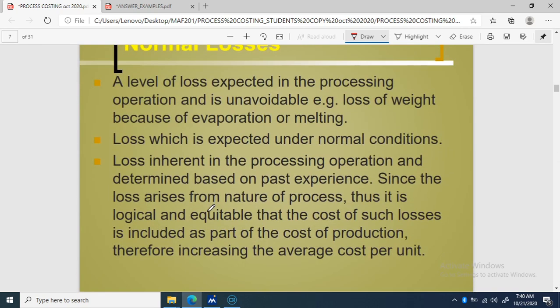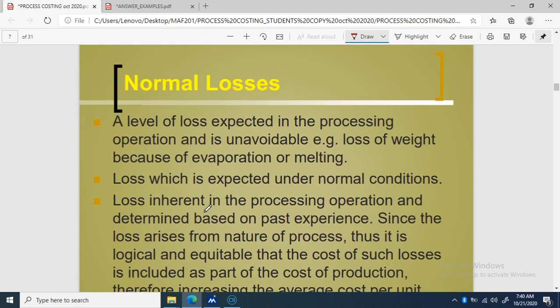Normal losses. What are normal losses? A level of losses expected in the processing operation that is unavoidable, for example loss of weight because of evaporation or melting. So that loss is expected loss. When you boil water, you expect evaporation. Expected loss is normal loss.